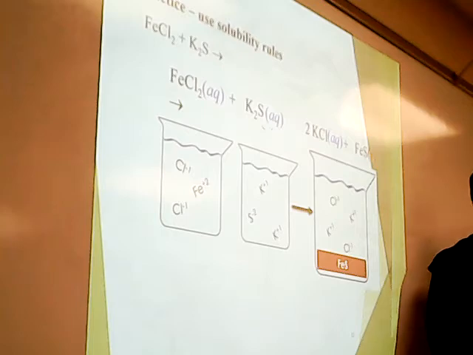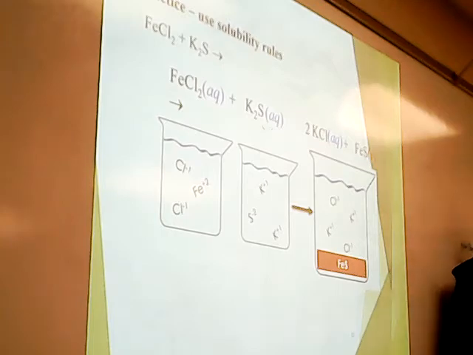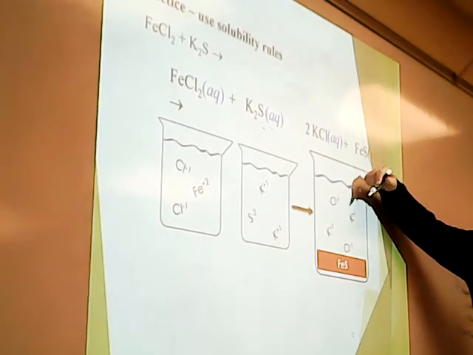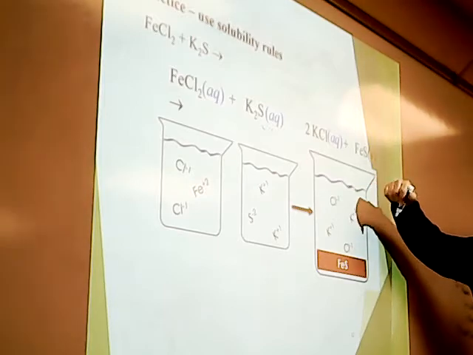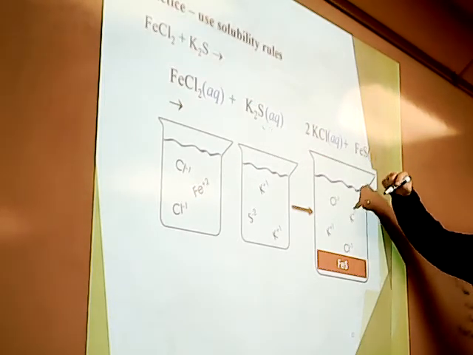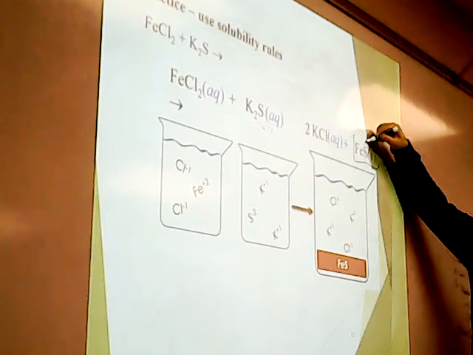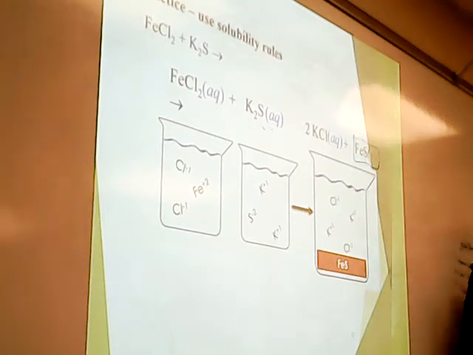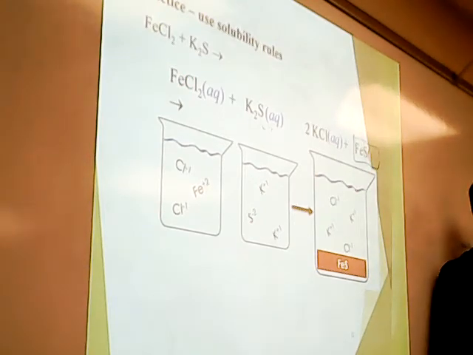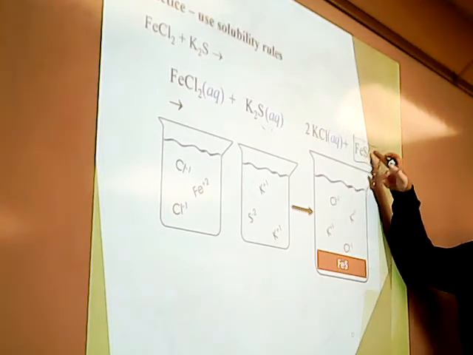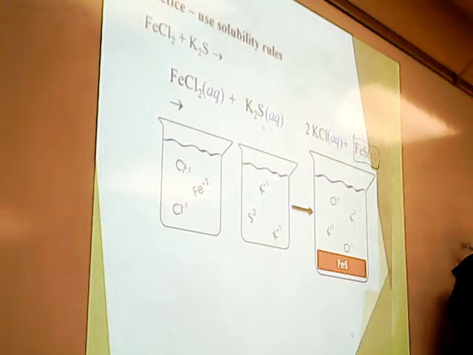So what's being produced over here as a solid? FeS, right? So when you're in that group, your solid thing that was made, you should have been able to predict, right? Before you even did it.